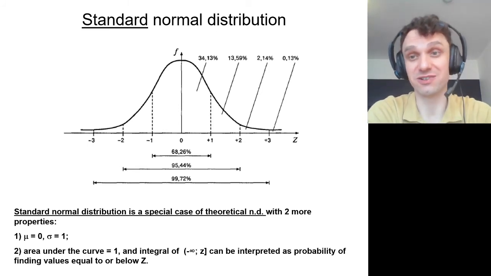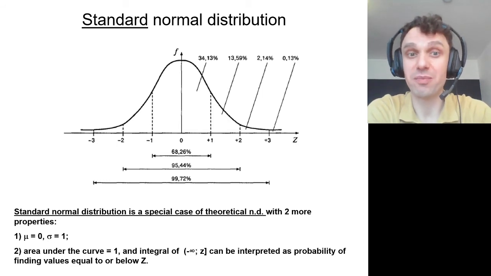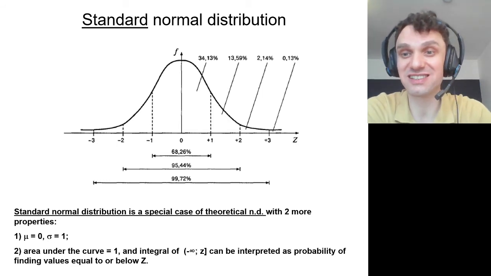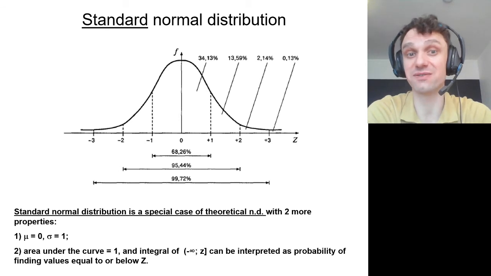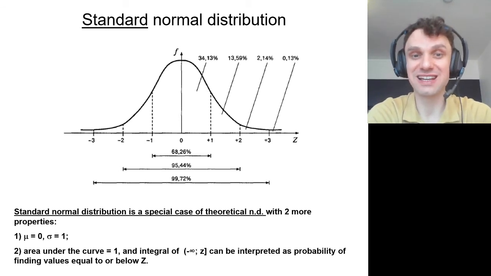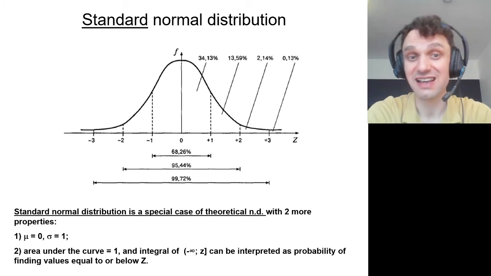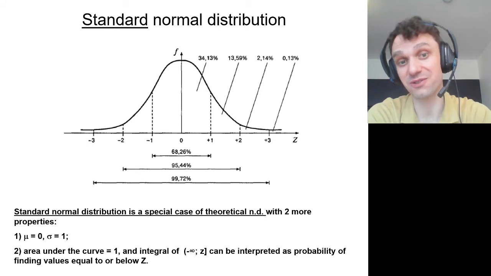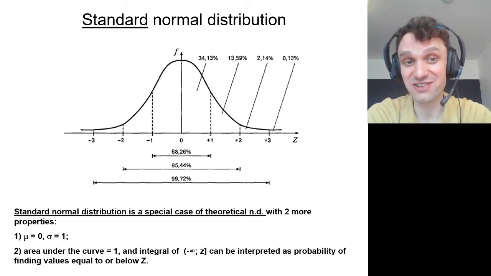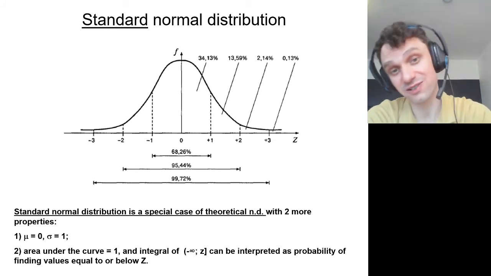So for example, if your mean for IQ is 100 and standard deviation for IQ is 15, you will always get about 68% of all individuals in the range from 85 to 115. And you will get 95% of all the individuals in the range from 70 to 130.